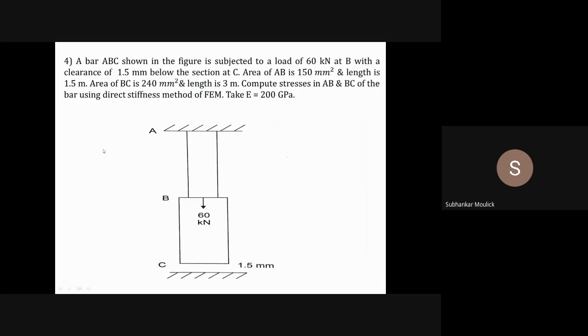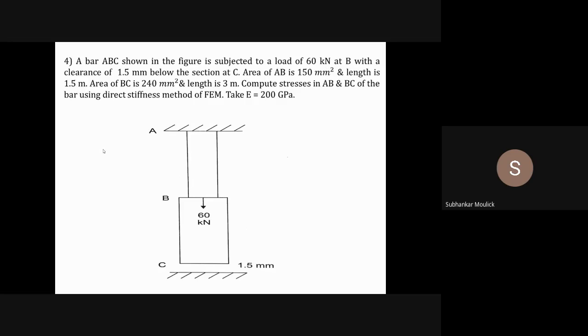The problem is: a bar ABC shown in the figure is subjected to a load of 60 kilonewton at B with a clearance of 1.5 millimeter below the section at C. Area of AB is 150 millimeter square and length is 1.5 meter.